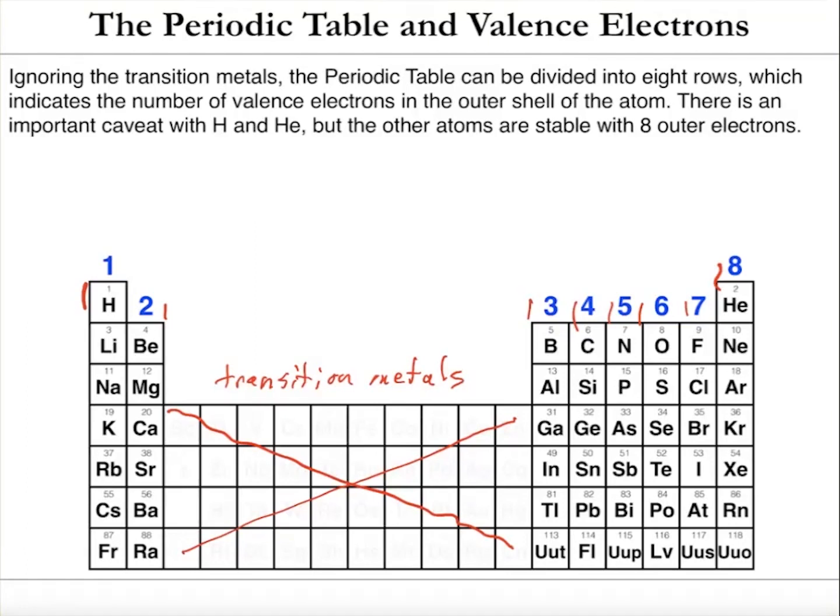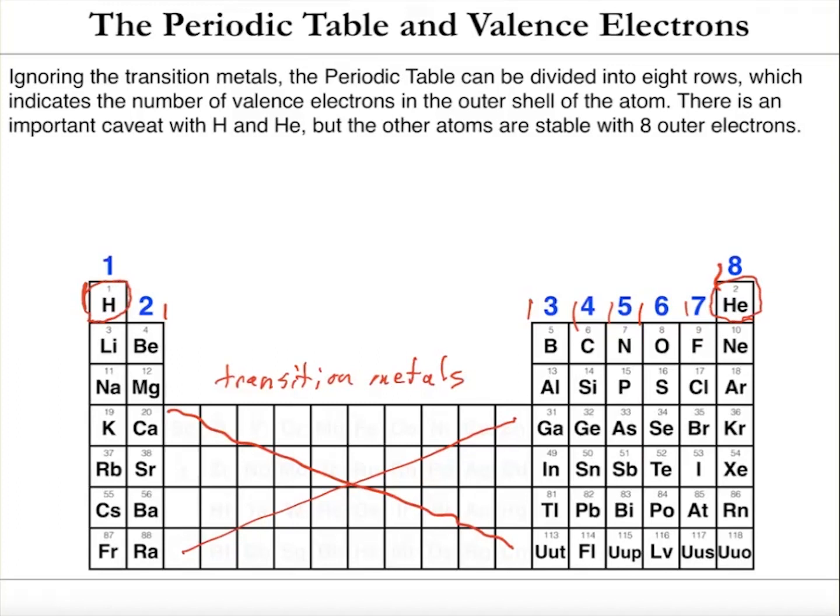Most atoms don't have 8 just as a single atom. They have to interact with other atoms to reach that rule of 8, which is actually called the octet rule, and to be stable. Now, the one caveat is hydrogen and helium, which we'll go into in a little bit.